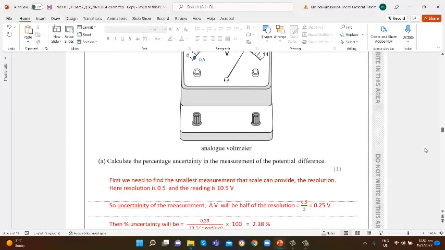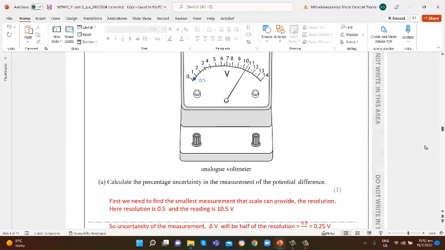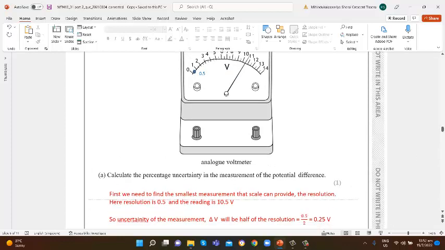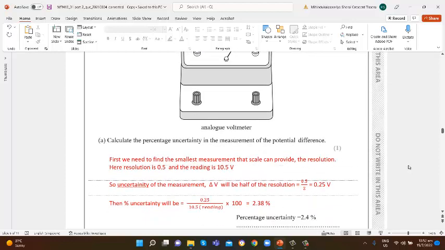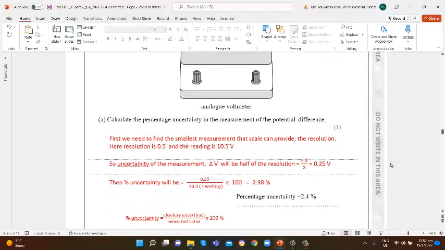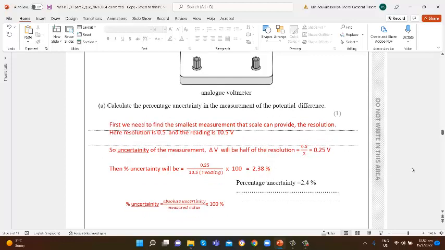So the uncertainty of the measurement, delta V, will be half of the resolution, that is 0.25. So absolute uncertainty will be half of the measurement. You put 0.25 over the reading, and you multiply by 100, you get 2.38.